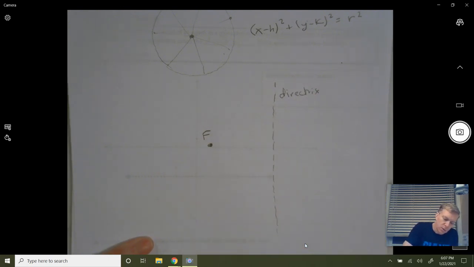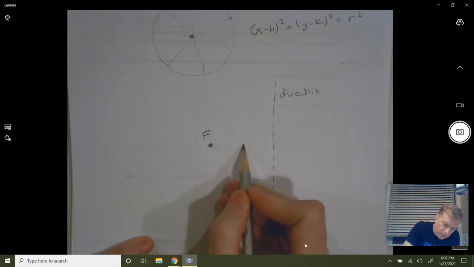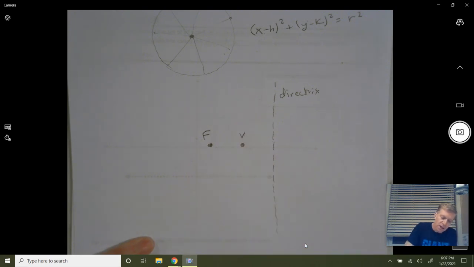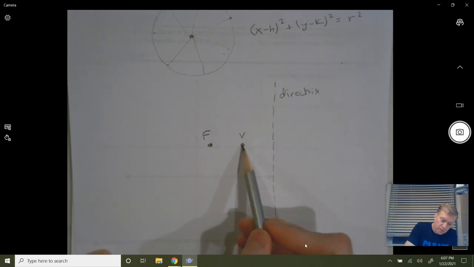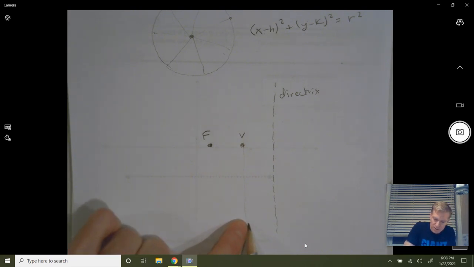Okay, so the first point I can draw that's equidistant from these two would be right in the middle. And this is a very important point. This ends up being our vertex. Now, as I move away from this point, let's say I were to move this way. And when I get over here, is this point now the same distance from this line? Remember, distance from a point to a line, you always take the shortest possible distance, or the perpendicular distance.